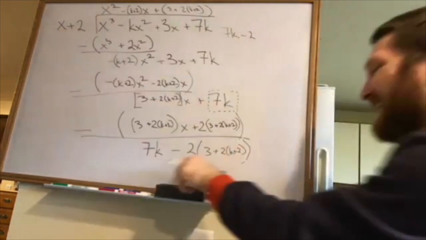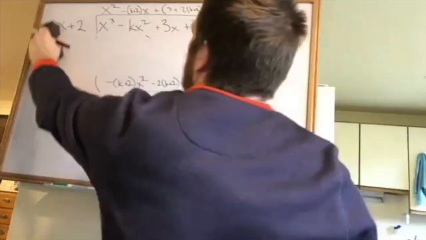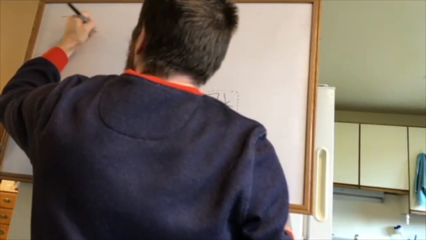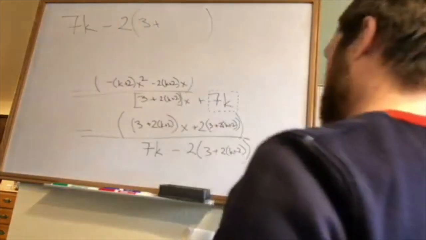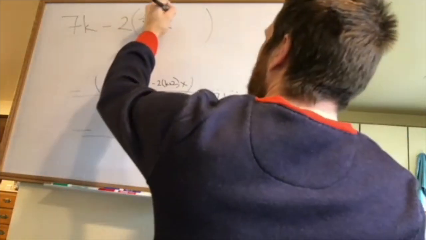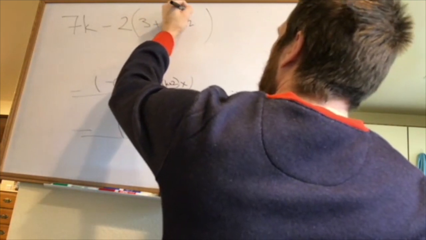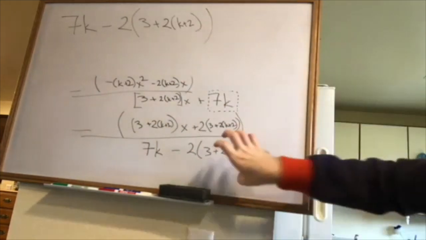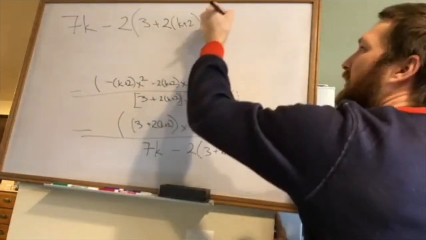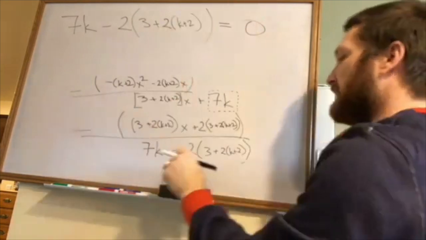Yeah. Okay, I want a bit more room. So I'm going to say, all right, that remainder is 7k minus 2 times all this stuff, which is 3 plus 2 times, man, this is ugly, k plus 2. Checking, yes, that is my remainder. That remainder needs to equal 0.